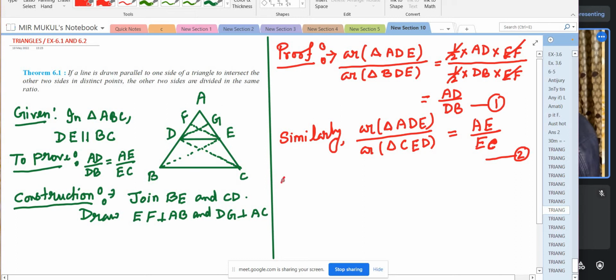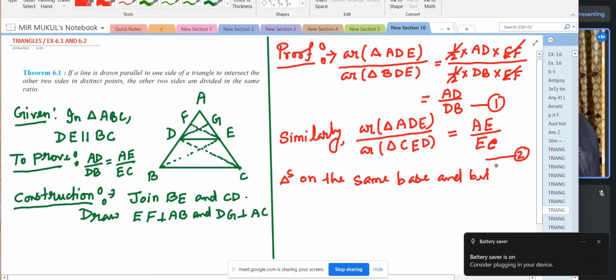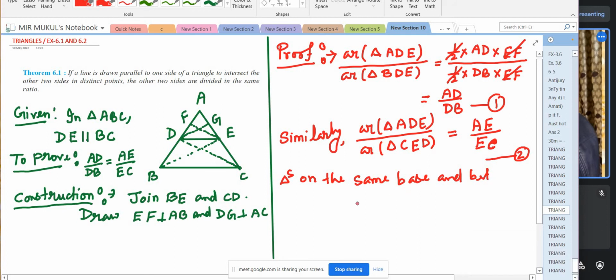So we know that triangles on the same base and between the same parallels are equal in area.